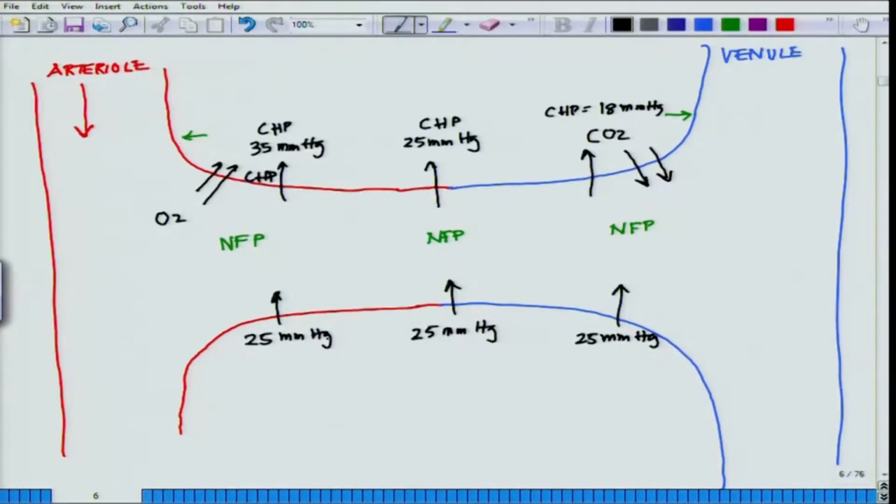Okay. So, this is basically the bulk colloidal osmotic pressure, BCOP.